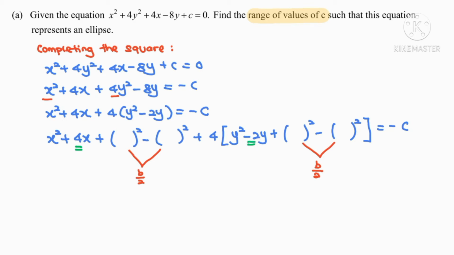So we can put here 4 divided by 2, which is 2. And here negative 2 divided by 2 is negative 1. Now we can factorize the first three terms.